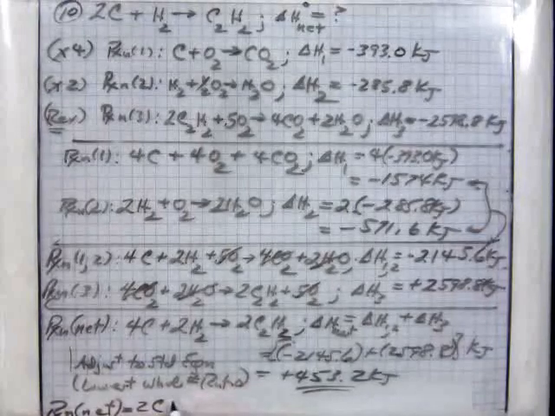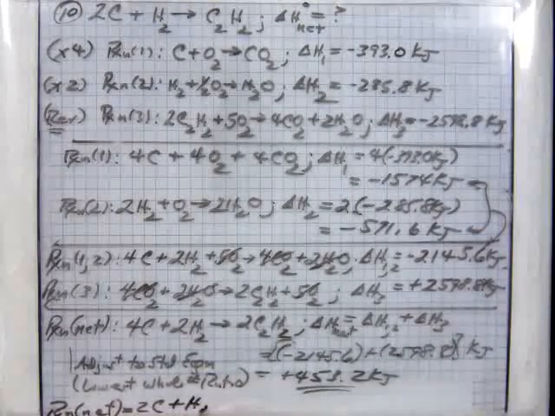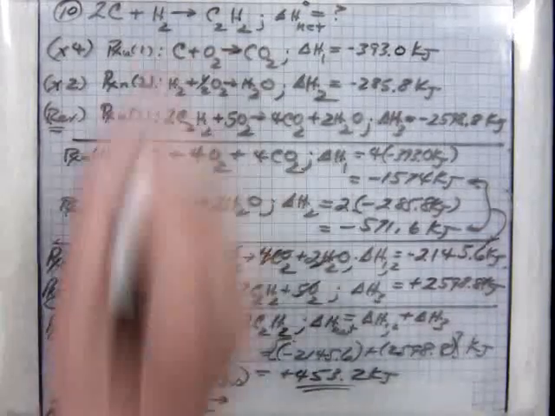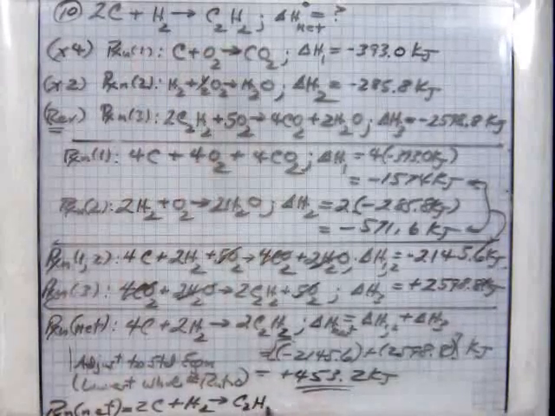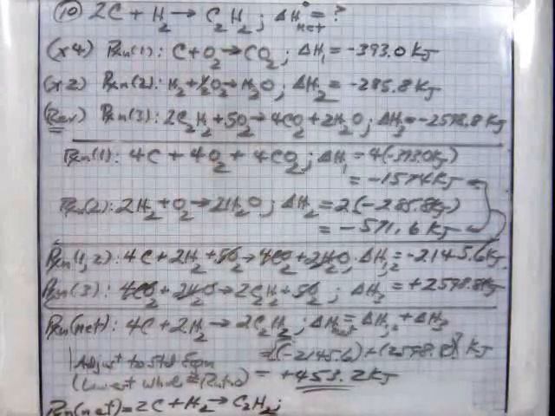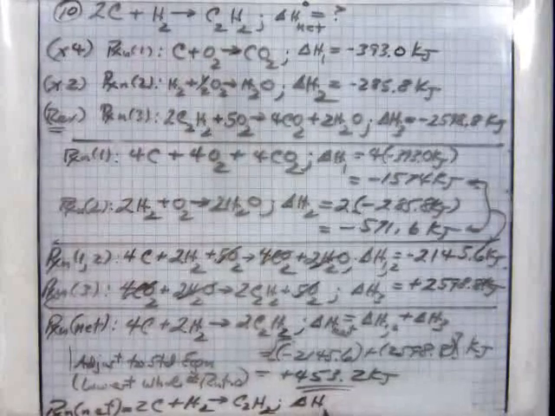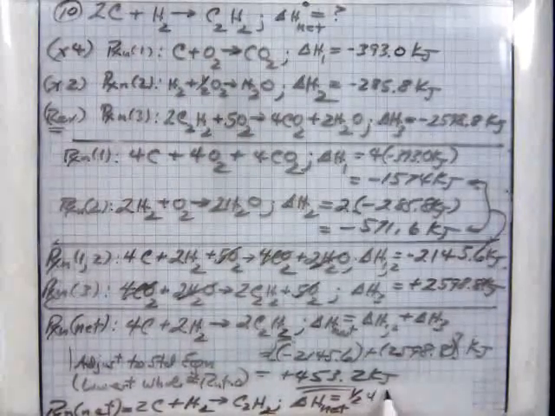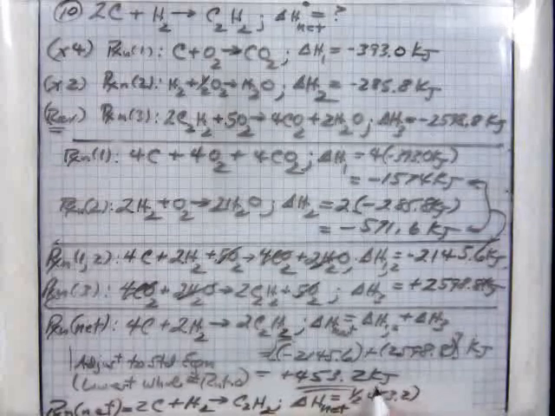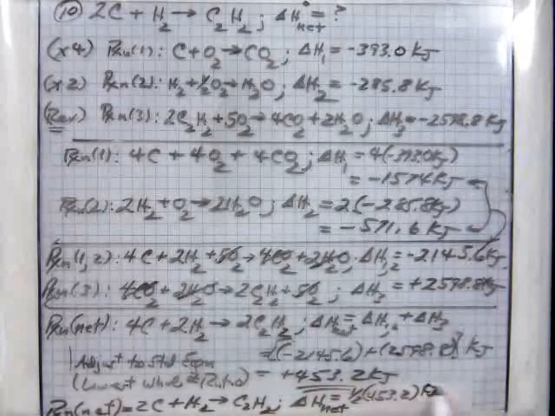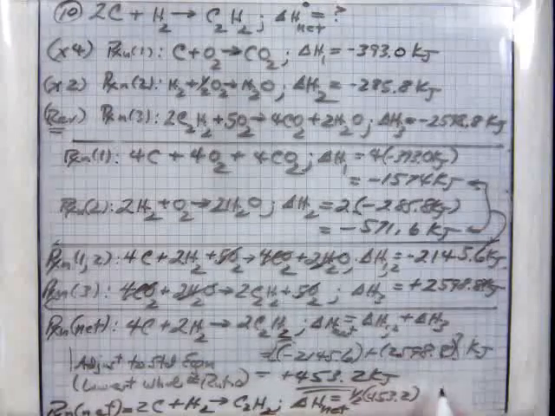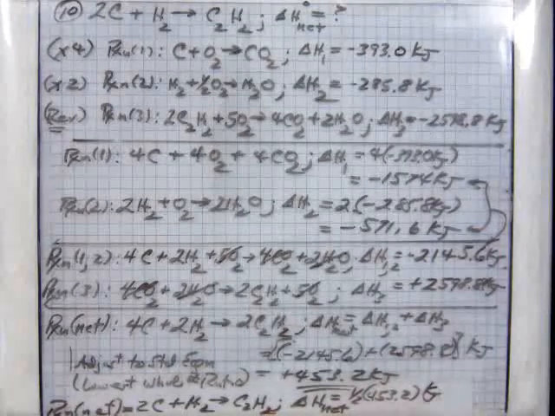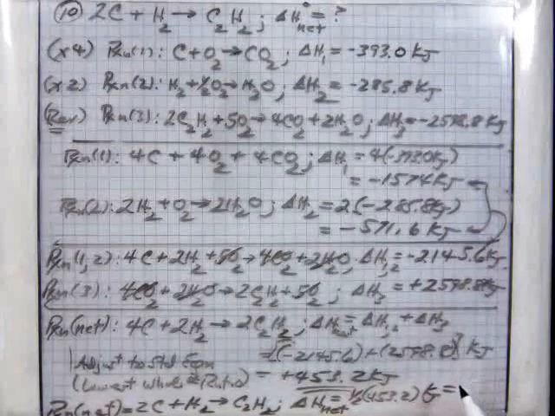I'm trying to keep it all on the page. H2, which would go to C2H2, and delta H net would be half of the 453.2 kilojoules, and that equals 226.6.